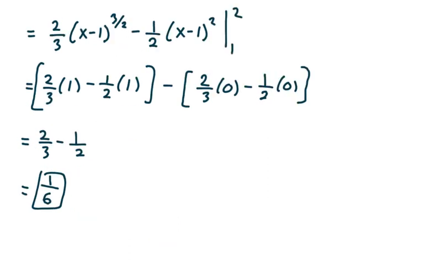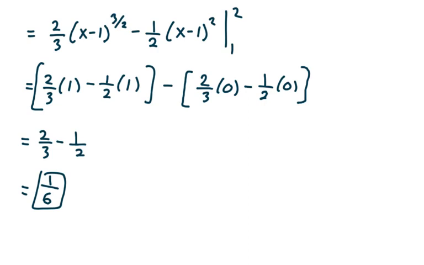Next page. So this is 2/3 times x minus 1 to the 3 halves minus 1/2 of x minus 1 to the second, evaluated from 1 to 2. Applying the fundamental theorem, if I replace x with 2, I get 2/3 times 1 minus 1/2 times 1.